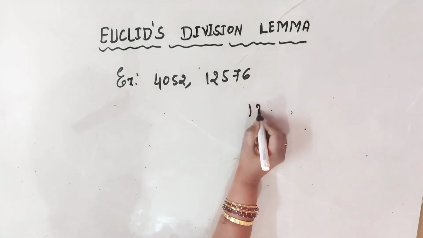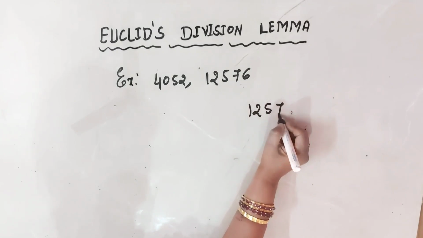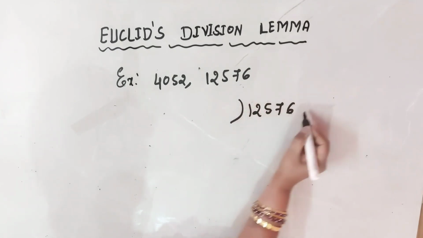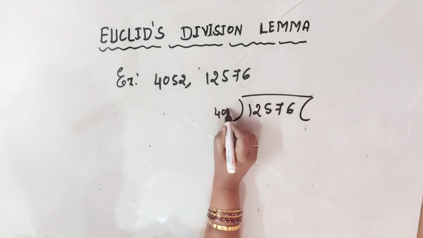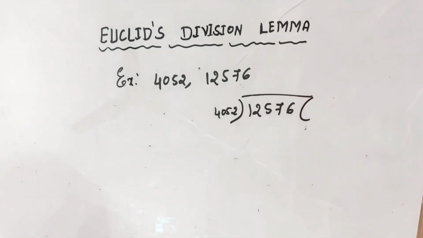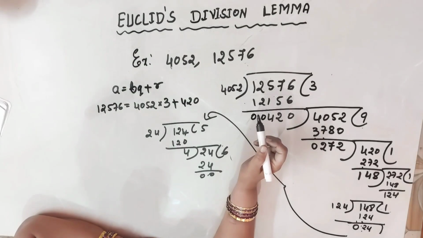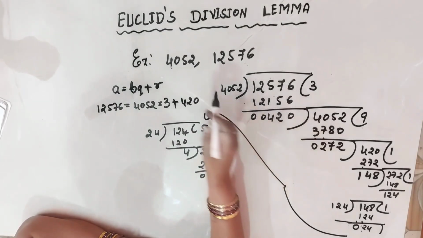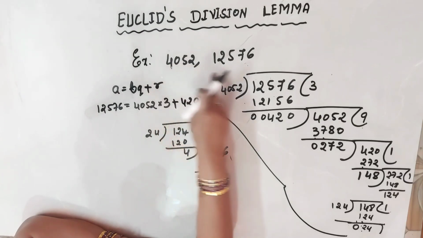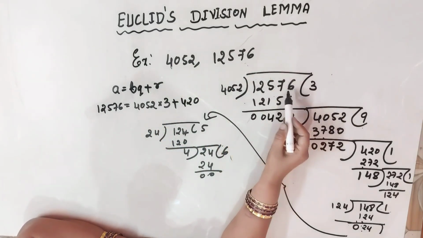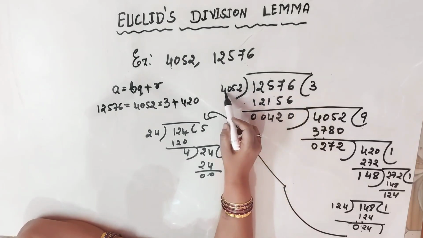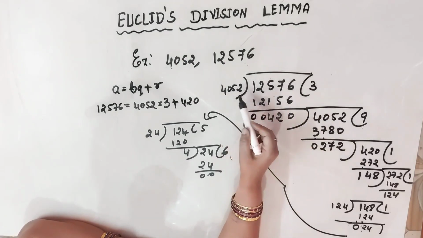Here I do the division, 12,576 divided by 4,052. Okay, this is two positive numbers example. The bigger number we take as the dividend and the smaller number is the divisor.